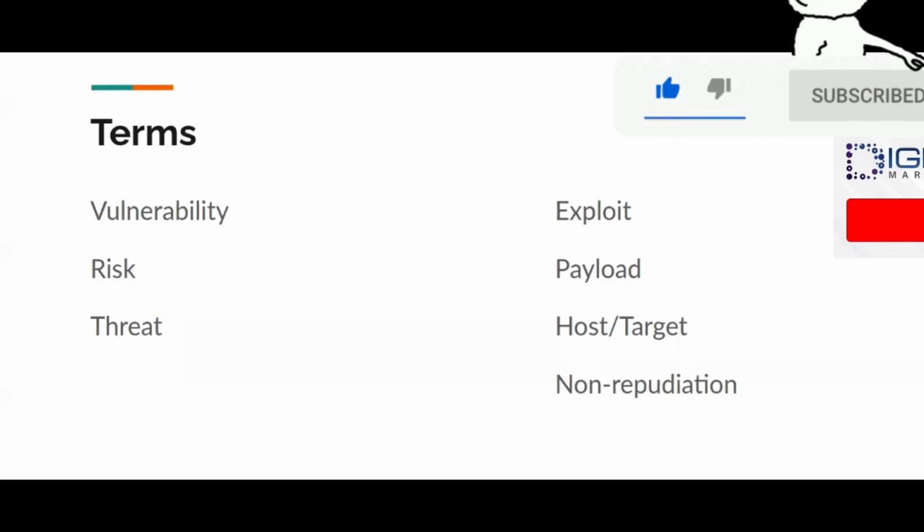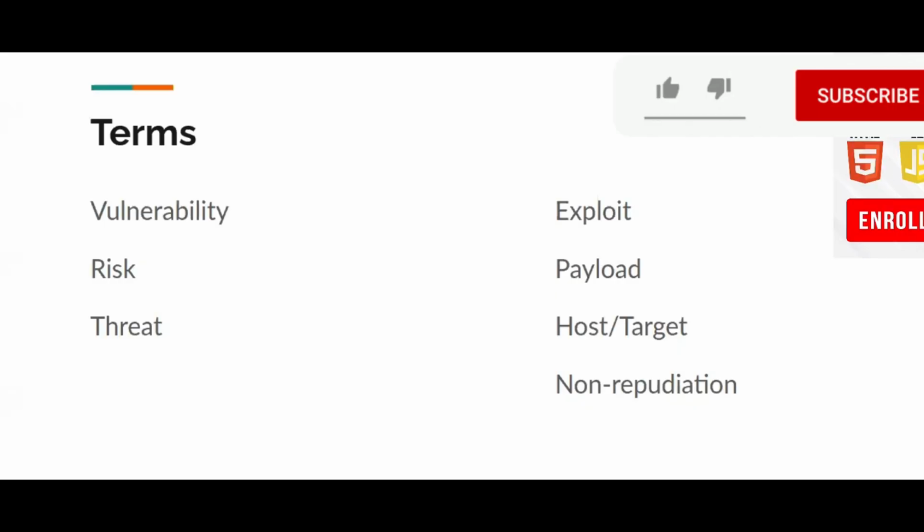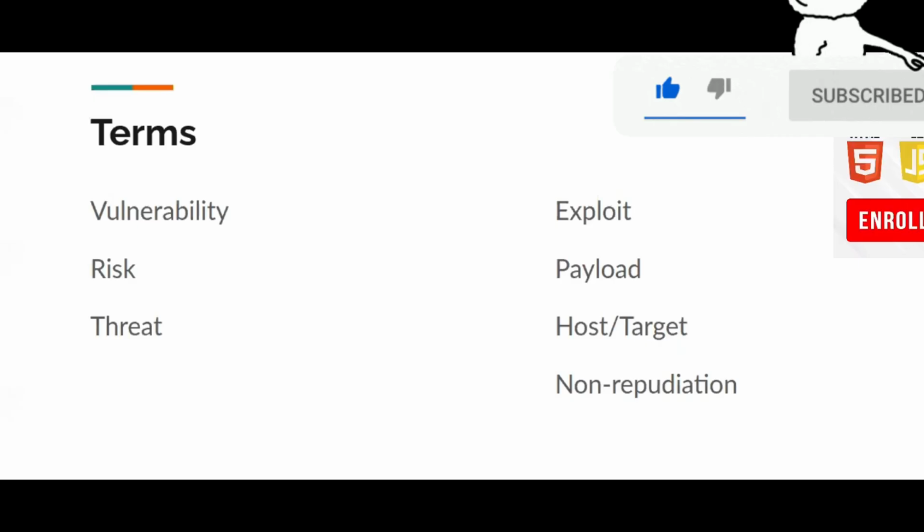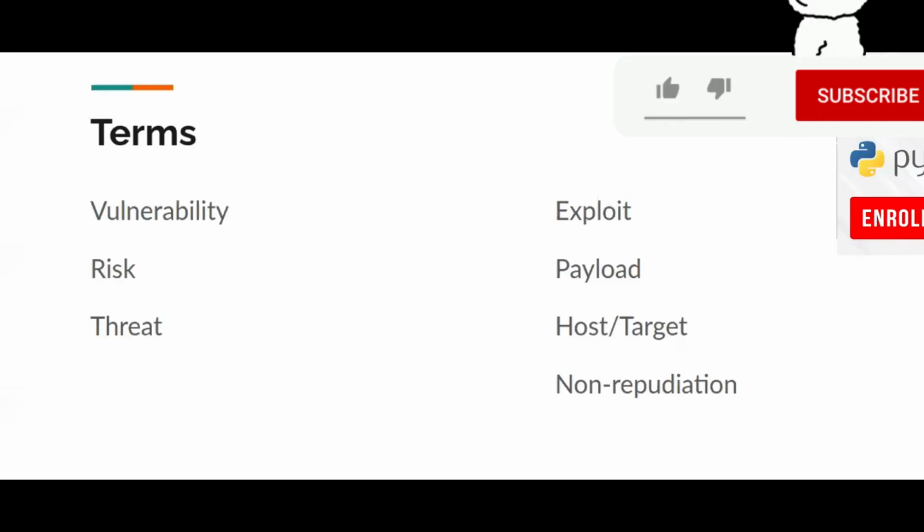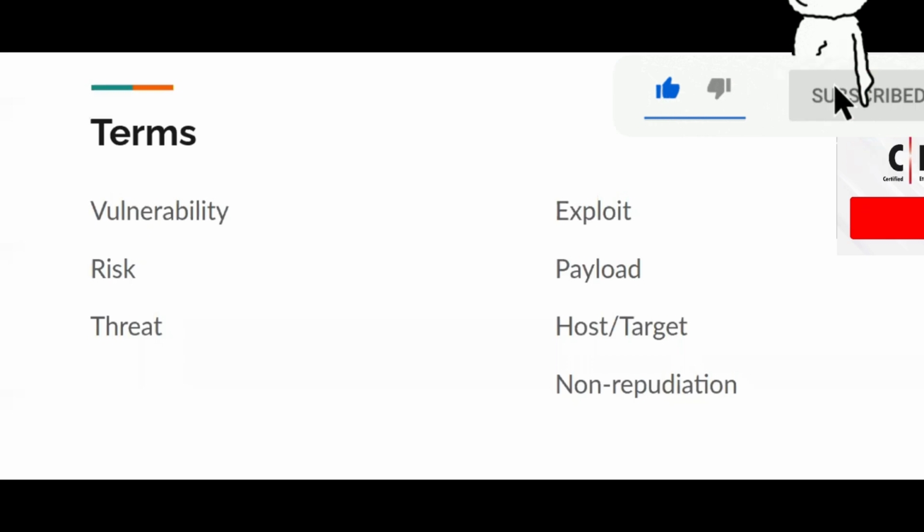Then there is a term called non-repudiation, which means, let's say I send an email to somebody, but there is some kind of digital footprint that email has, or some information tagged along with that email, which a person cannot deny, saying that I did not send this particular email.